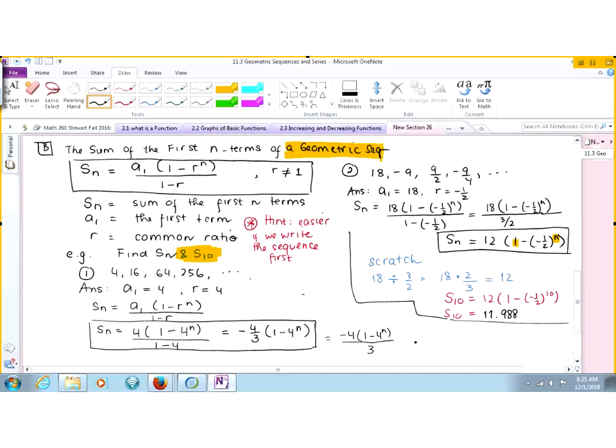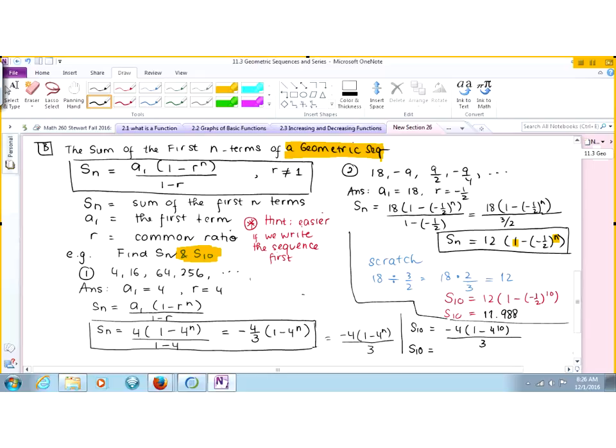Can we do an S10 for number 1? What is S10 for number 1? So, -4 times 1 minus 4 to the 10th, this is a big number, divided by 3, right?